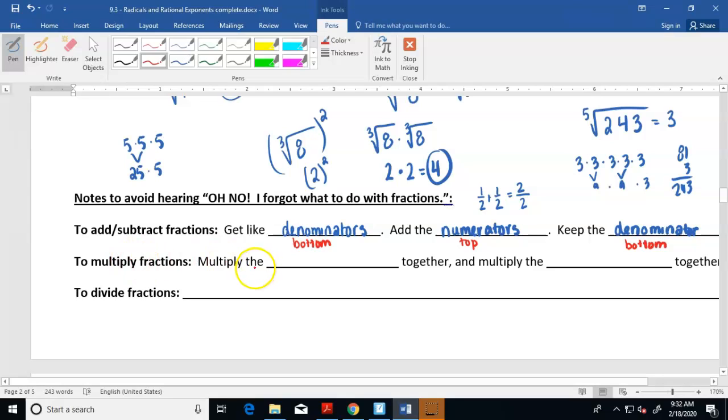Alright, to multiply fractions, what do we do? Okay, multiply the numerators together. And multiply the denominators together. Okay, easy as pie.